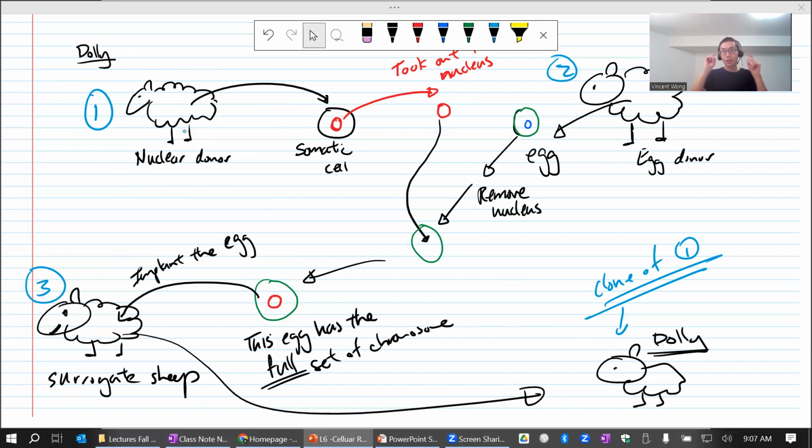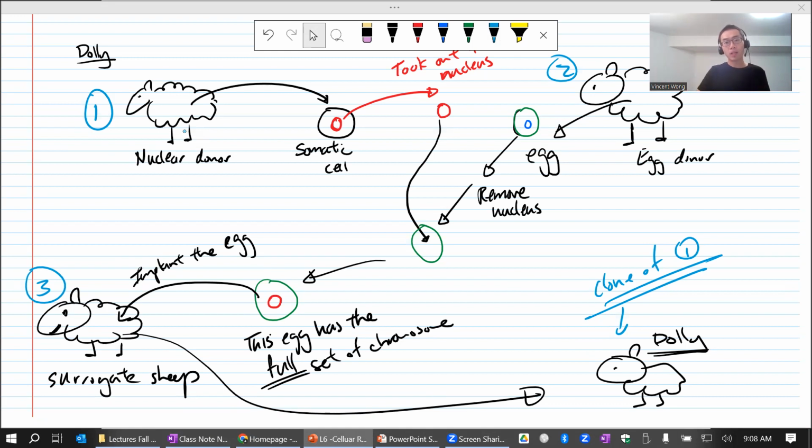Okay. So why did Dolly only live half the expected life span of a sheep? Well, because when they took the nucleus from the nuclear donor, that sheep's cells had been dividing for quite some time in its lifetime, right?